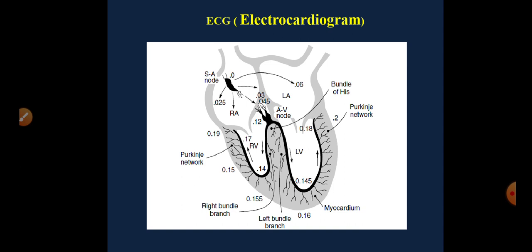So this SA node acts as a bioelectric generator for the heart. It initiates the heart activity and acts as the pacemaker of the heart.